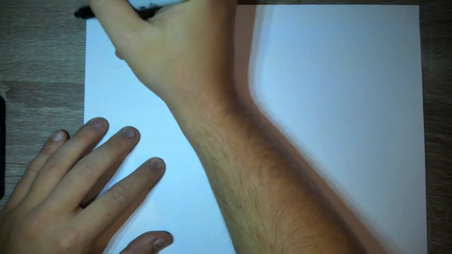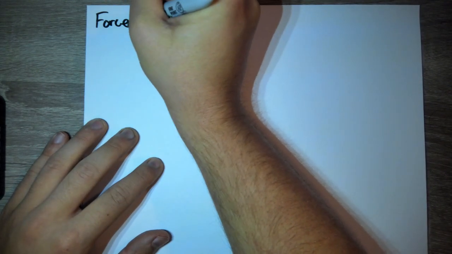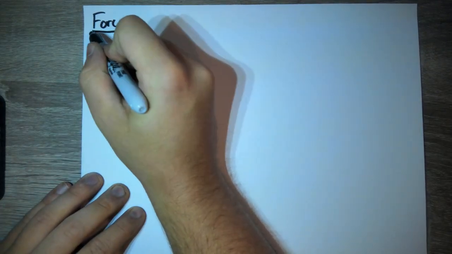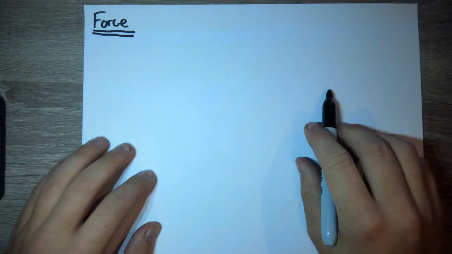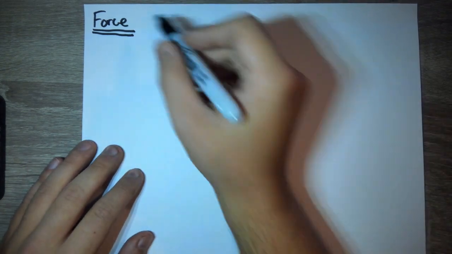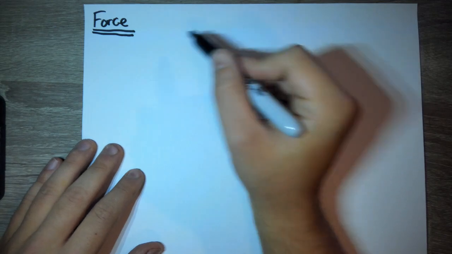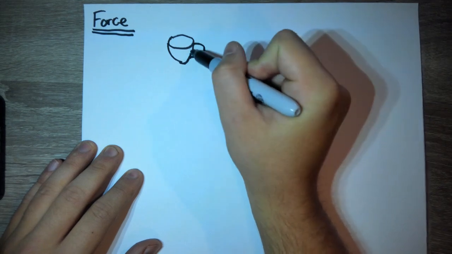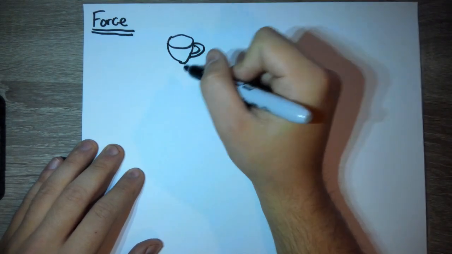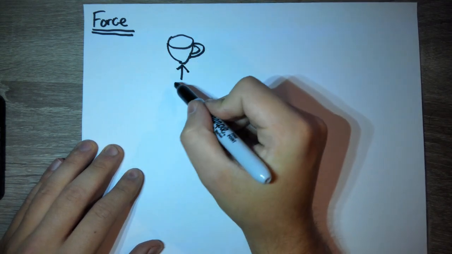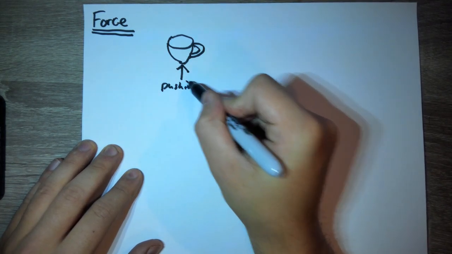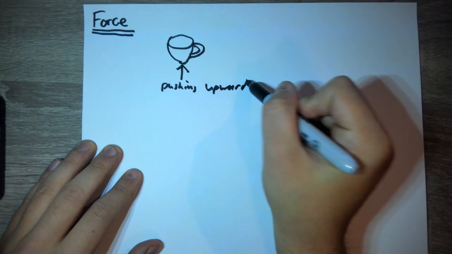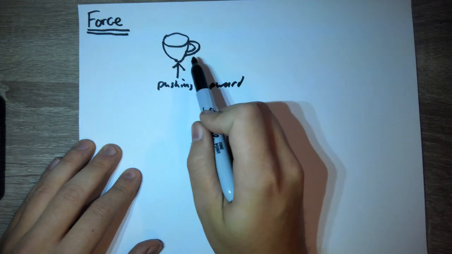Another example of a vector, maybe an easier example to think of, is force. So force, and I'm not getting into the math of anything here, but if you push something, say you have, I'm going to draw a coffee cup here. You have a coffee cup like this. If I pick it up, I'm pushing upwards. So I'm exerting a force upward on the cup.